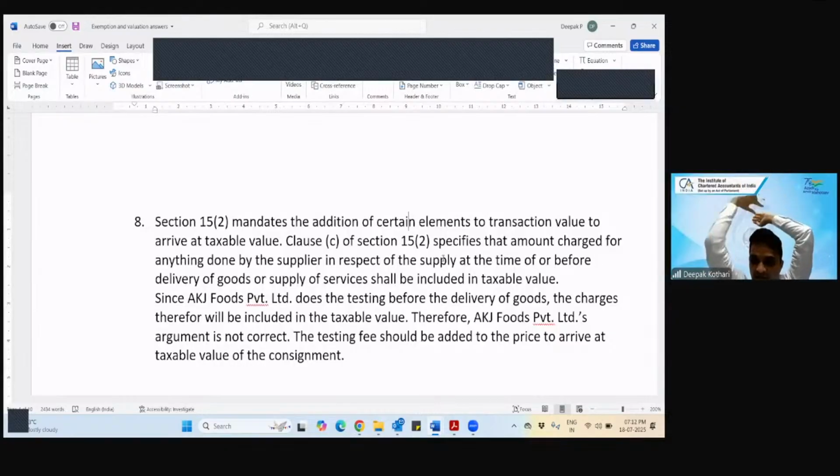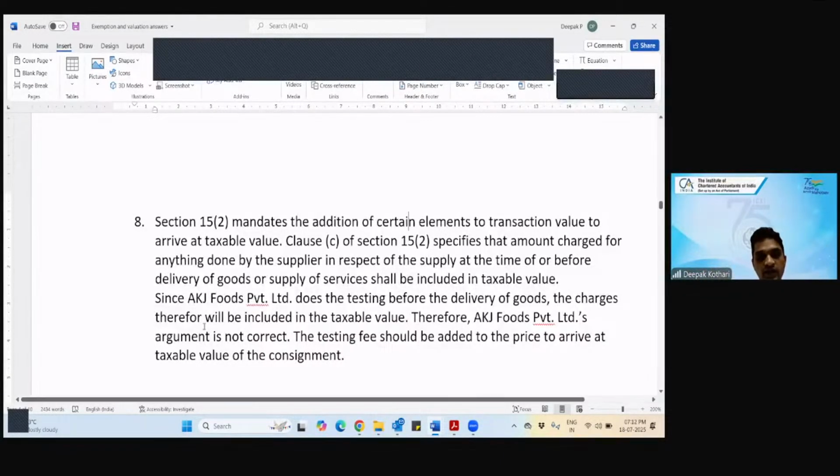Many people had given this reasoning that since this is an activity done before or at the time of supply, therefore it has to be included. Yes, you're right. Since AKJ Foods does the testing before the delivery of the goods, the charges thereof will be included in the taxable value. Therefore, AKJ Food Private Limited's argument is not correct.